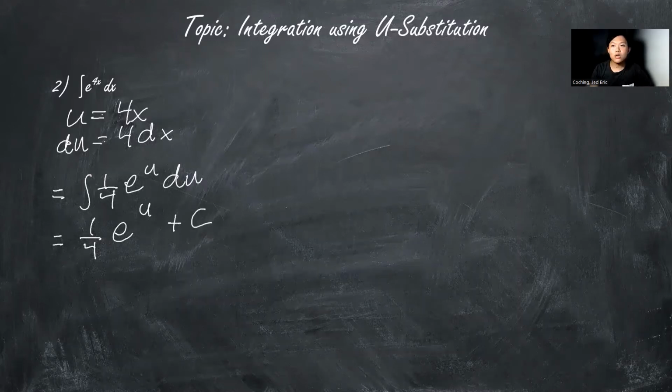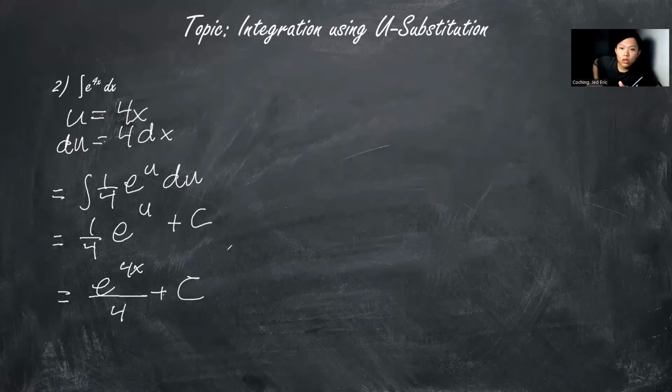Substitute it back. It will be just e^(4x) divided by 4 plus C. And that's how u substitution is commonly done.